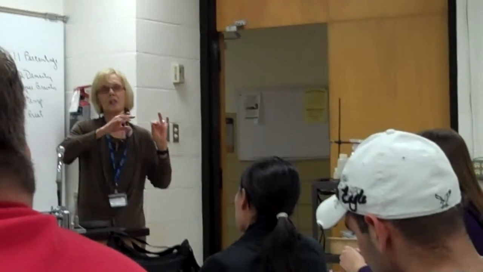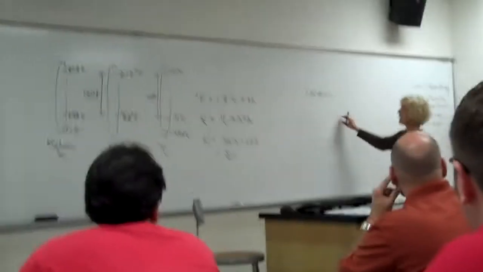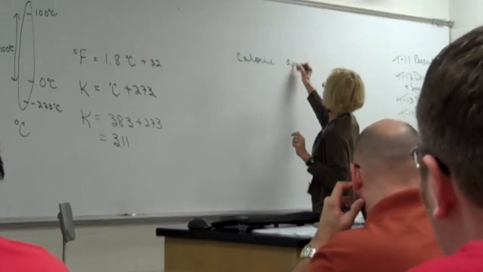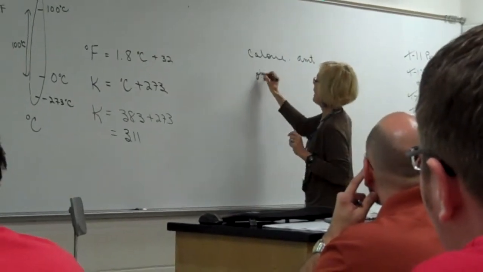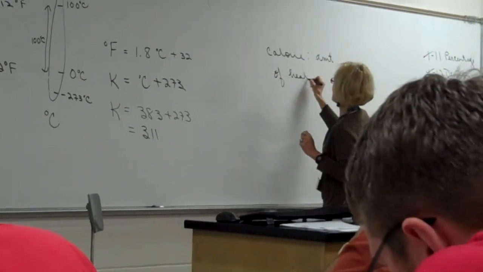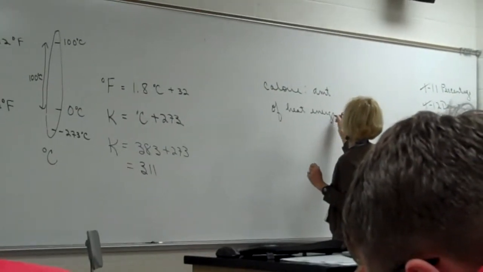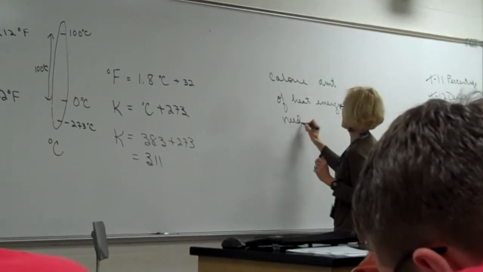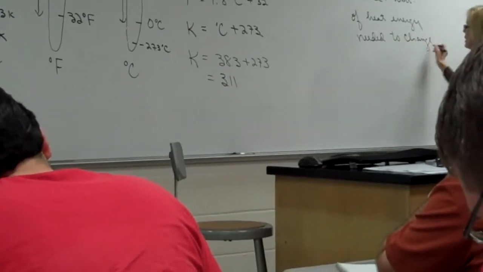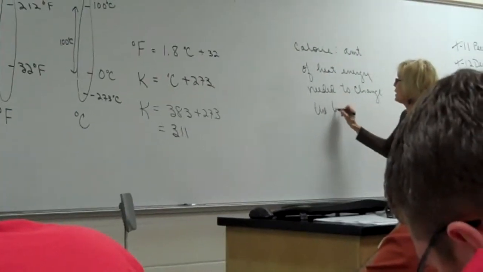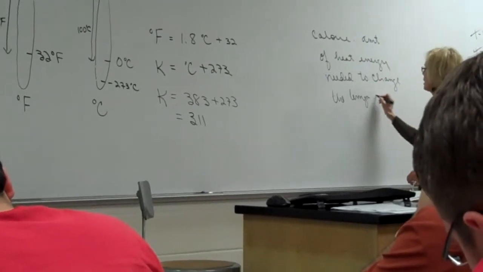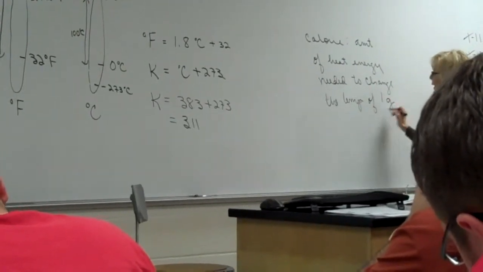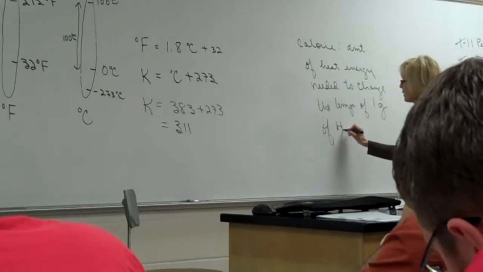Now, I'll tell you in just a moment, that's not quite what I'm giving you here for science. A calorie is the amount of heat energy needed to change the temperature of 1 gram of water by 1 degree Celsius.